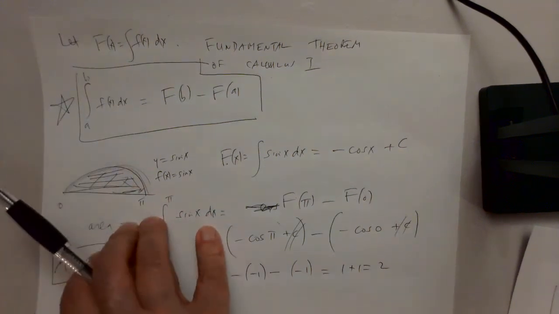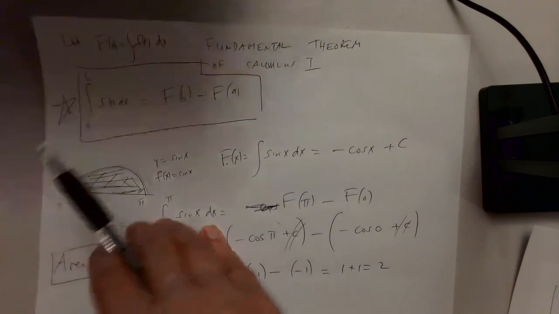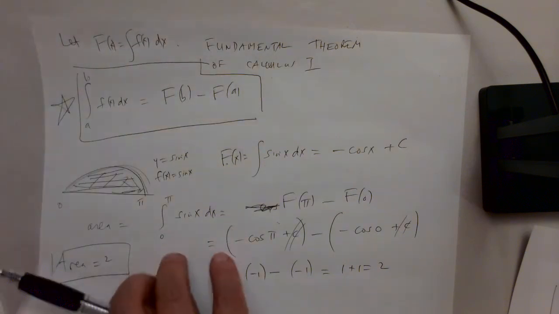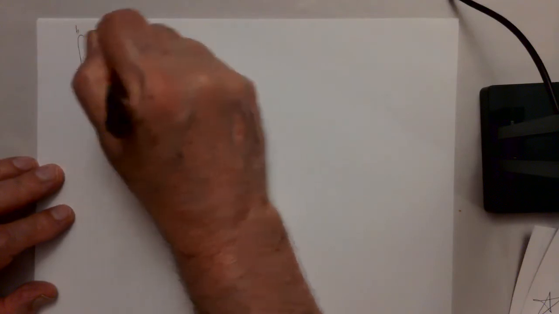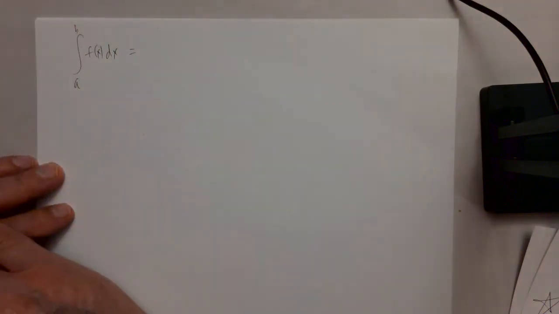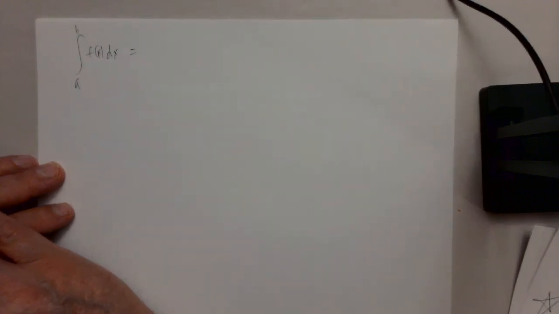Now, what we're talking about here is a function which is non-negative, and in general, for the definite integral from a to b of a function f of x dx, the function is not necessarily non-negative. Part can be above the x-axis, part can be below the x-axis.